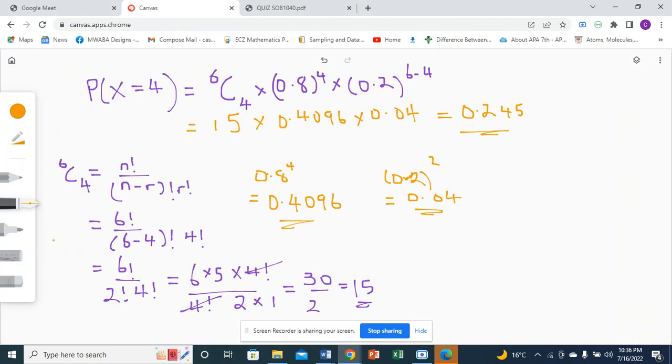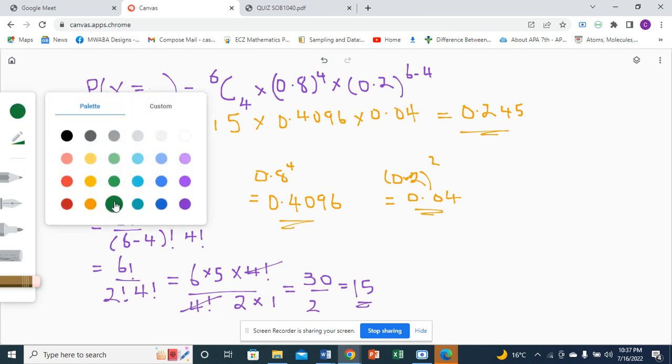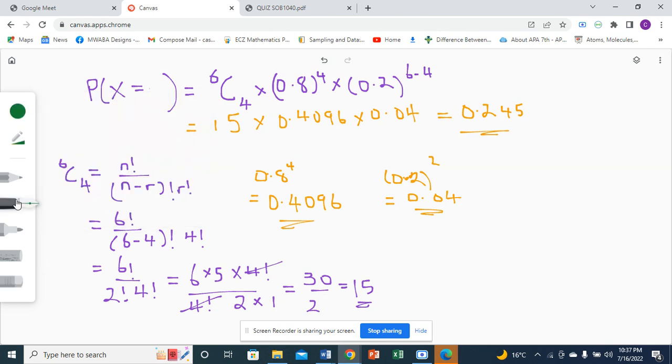So here it becomes P, probability that five marketing strategies are effective. So this here becomes a 5 here.